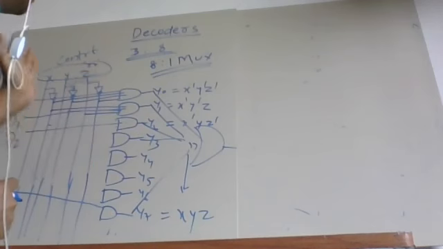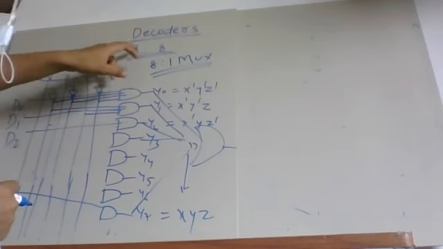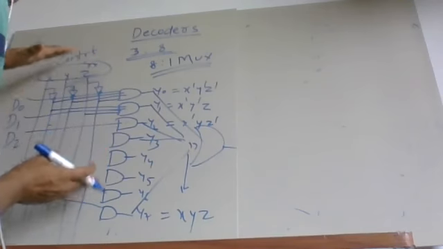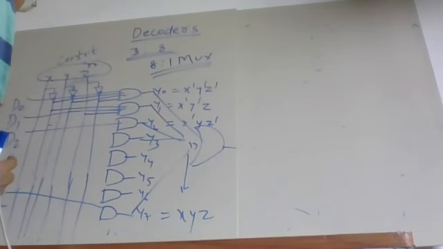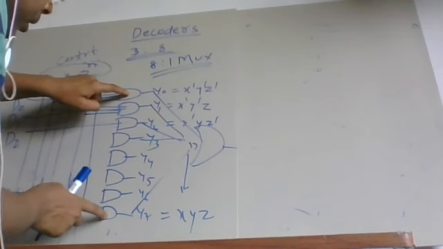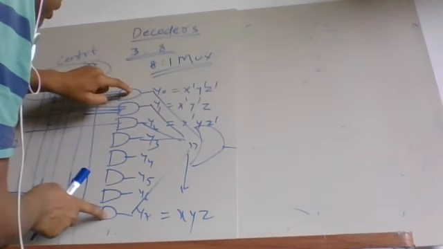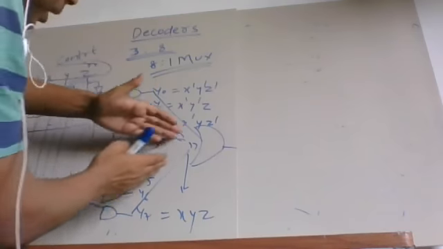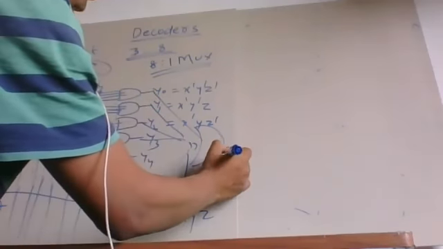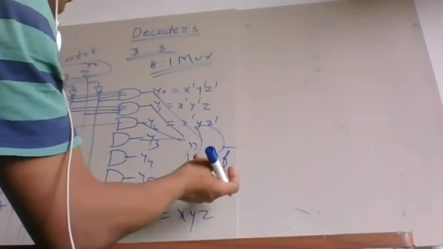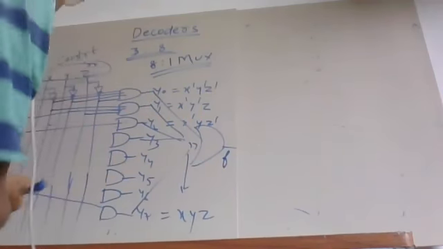So there is a very small difference between a decoder and a multiplexer. From a decoder, we can generate a multiplexer by simply adding the 8 data inputs to the AND gates, and all the outputs of the AND gates, which are the minterms, must be connected to one OR gate. It will generate the one function f, which is nothing but the multiplexing output of the 8 input data.